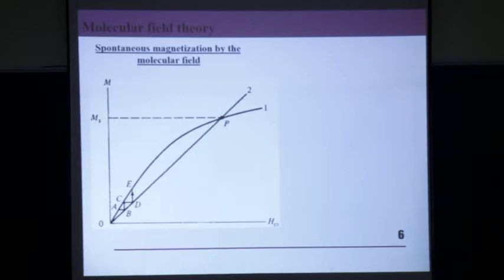The molecular field tends to align the moments. When those moments are aligned, it makes it easier for the neighboring moments to get aligned, and then finally the whole system gets aligned. So it starts from an unmagnetized state, but by the molecular field, it keeps on getting magnetized and reaches this state. Let's talk about that in more detail, but this is the concept.